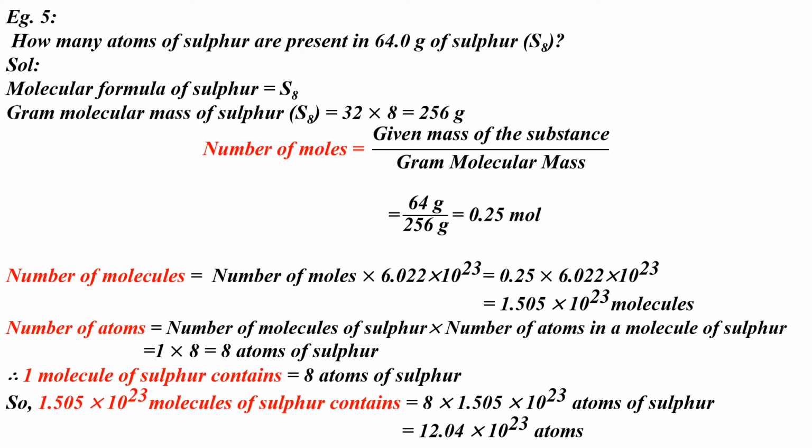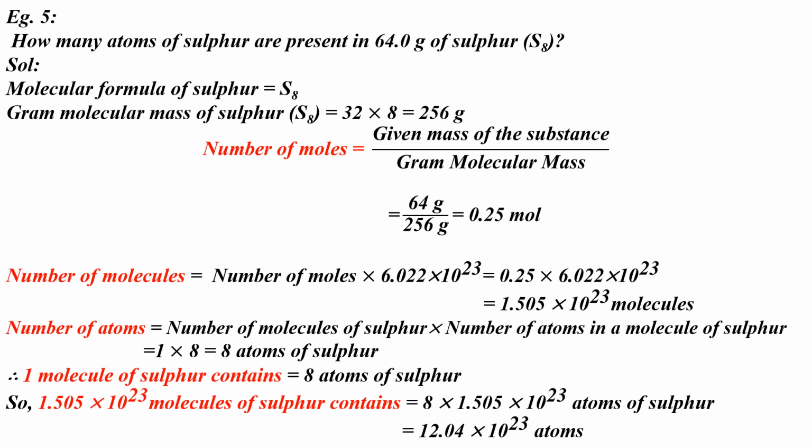This is known as atomicity. The number of atoms in a molecule of sulfur is atomicity. So, 1 times 8. Here in S8 there is only one molecule, so you write 1 times 8, which gives you 8 atoms of sulfur. Therefore, one molecule of sulfur contains 8 atoms of sulfur.